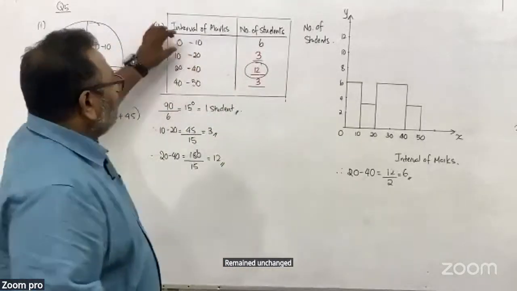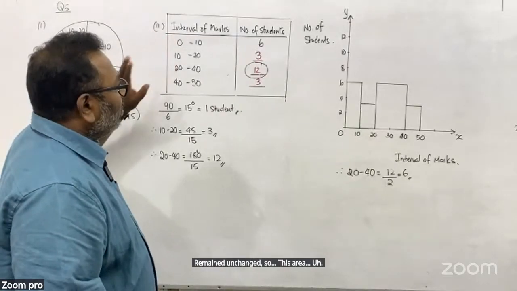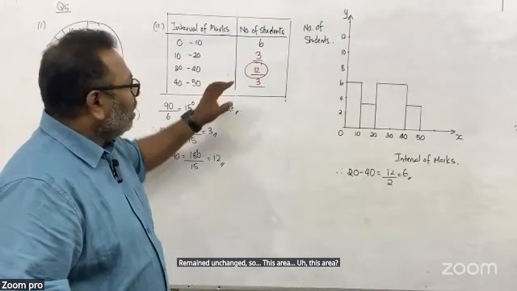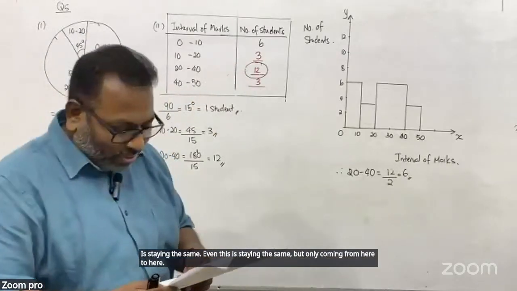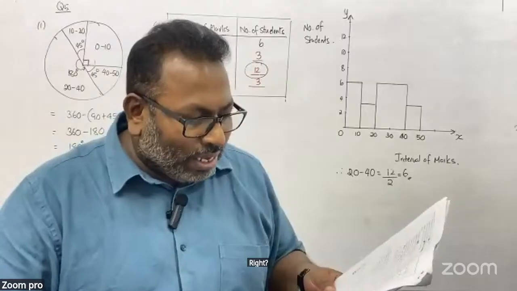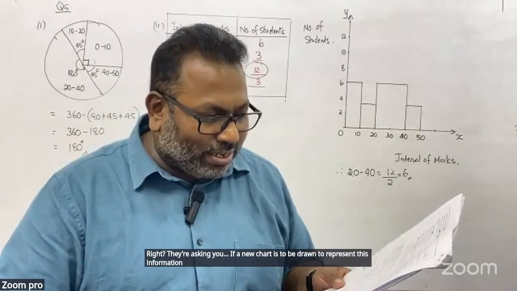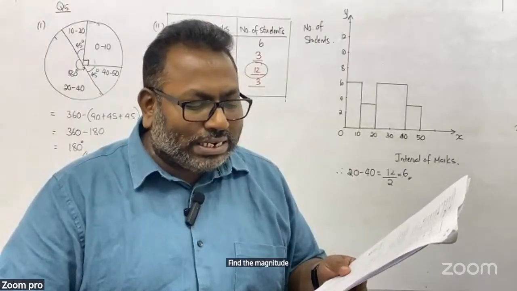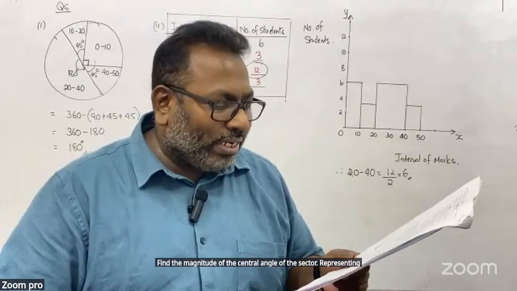So this area is staying the same. Even this is staying the same, but only coming from here to here. Right? They're asking you, if a new chart is to be drawn to represent this information, find the magnitude of the central angle of the sector representing 20 to 40.